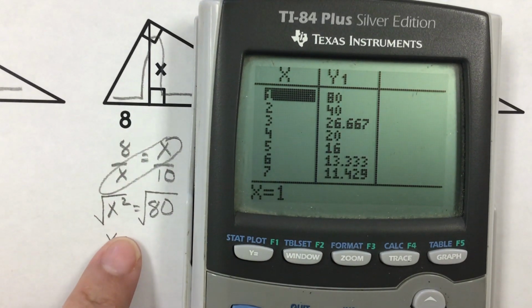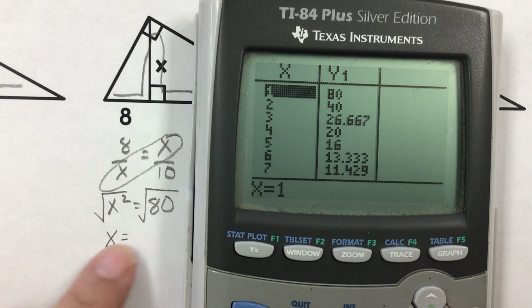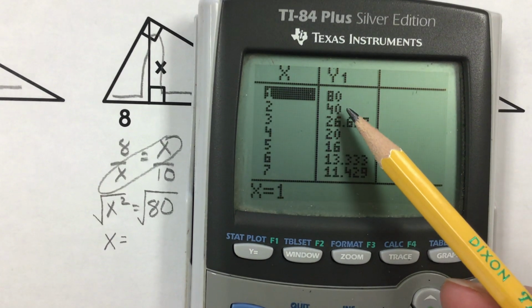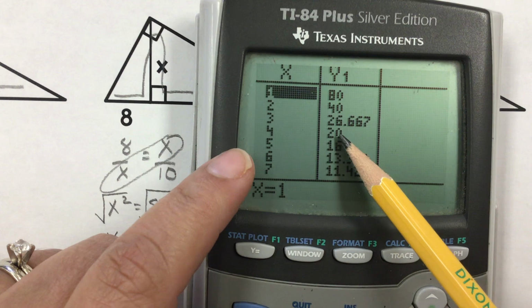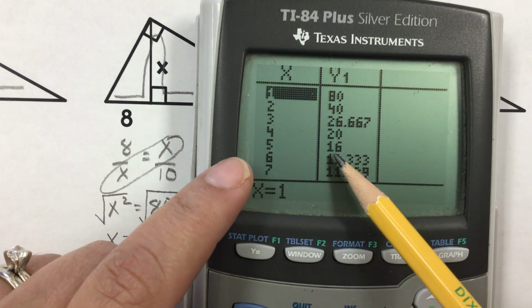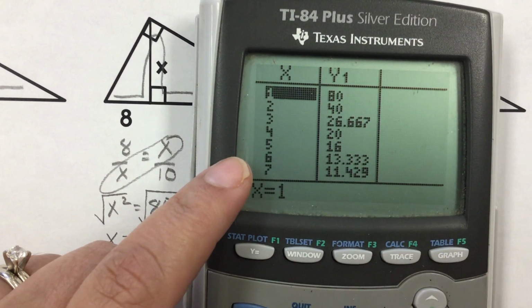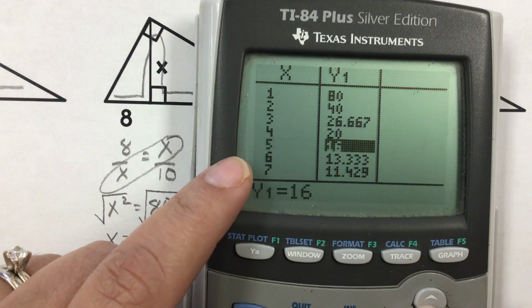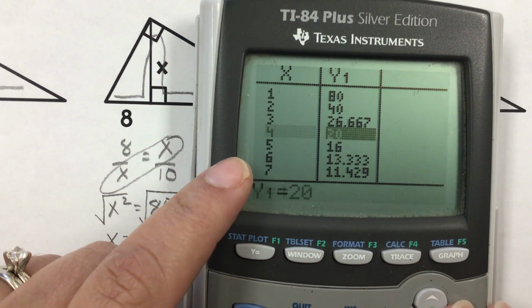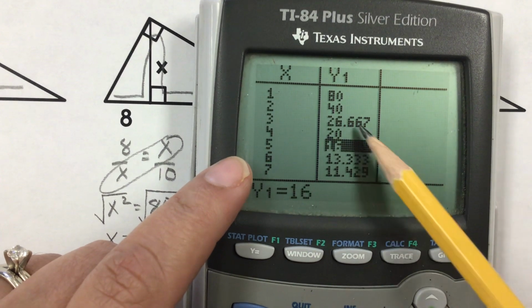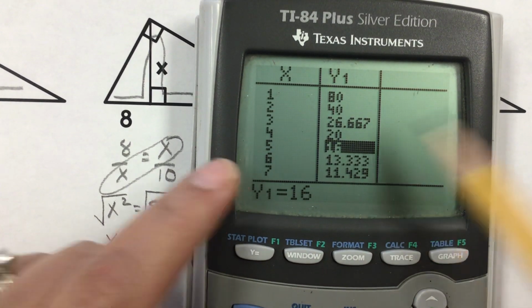What you're looking for is a perfect square. So 80 is not a perfect square, neither is 40. 4 is, and 20, but there's a bigger one right here of 16. So we're going to select 16 and 5. So again, why didn't we select 4 and 20? Because 16 is a bigger perfect square.